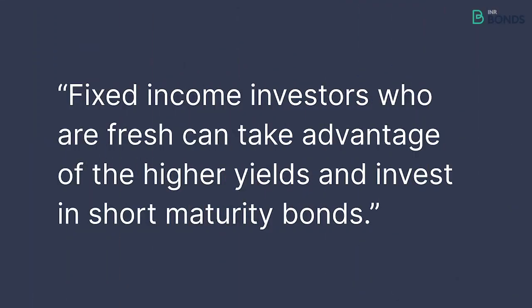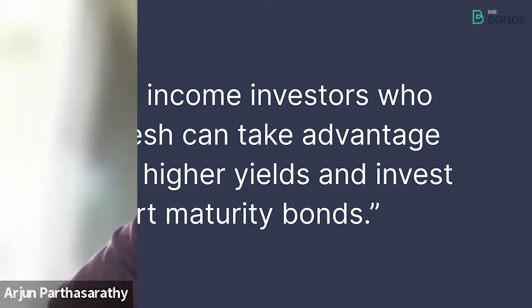So hence there are two factors here. One, fixed income investors who have fresh money to invest can take advantage of the higher yields and invest in short maturity bonds. And when they see that long maturity yields can come down further, then they can shift to long maturity bonds.